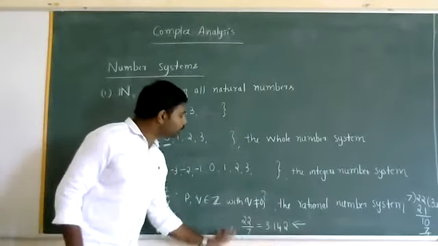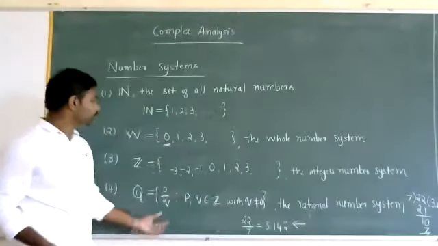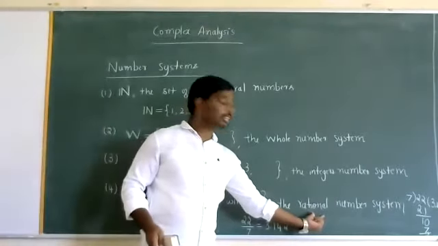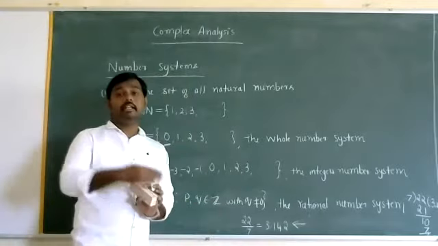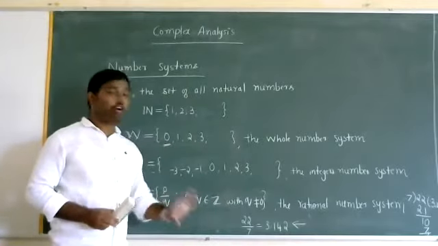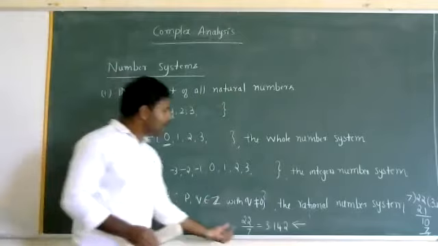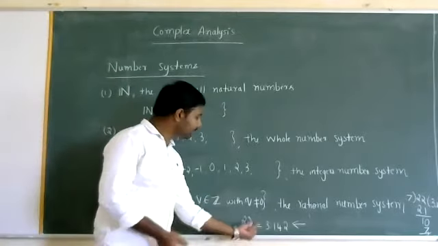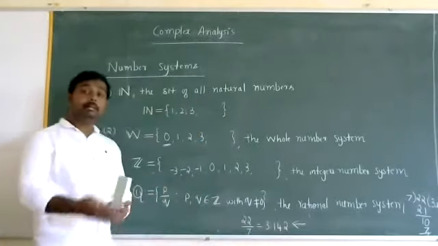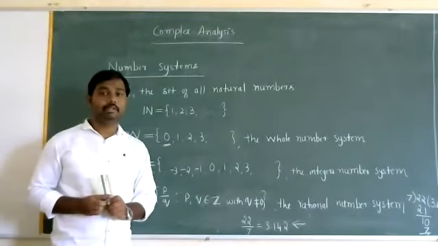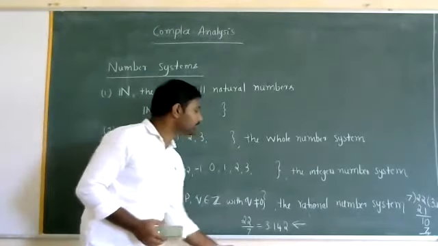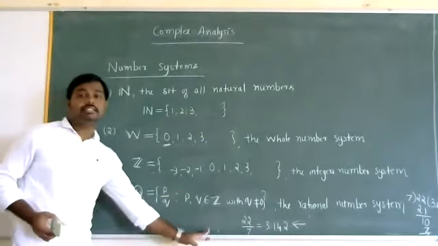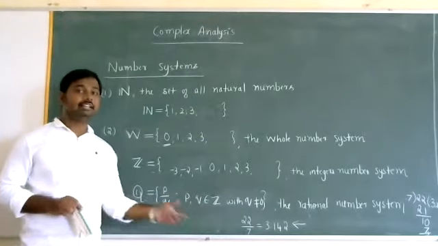So all those numbers are distinguished from rational numbers, because rational numbers have terminating or recurring decimal form, and numbers like this have non-terminating and non-recurring decimal form. All such numbers come under the irrational numbers.